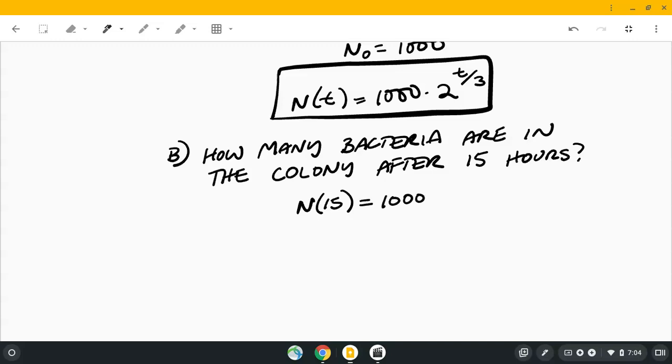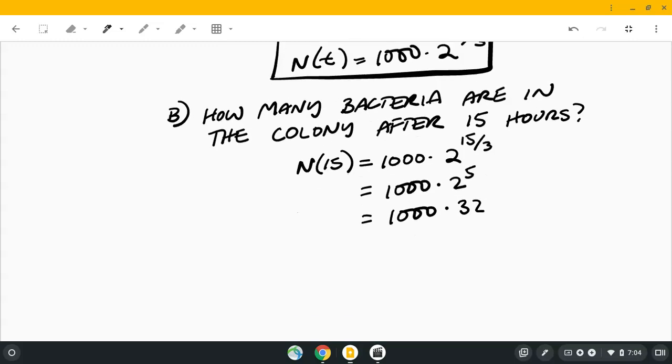So we plug in 15 for t, and we get 1,000 times 2 to the 5th, 1,000 times 32. So we get 32,000. After 15 hours, there are now 32,000 bacteria.